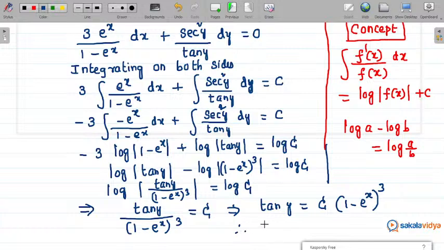Therefore, this is the required general solution of the given differential equation. I hope it's very clear to you. We have discussed it in a clear manner.